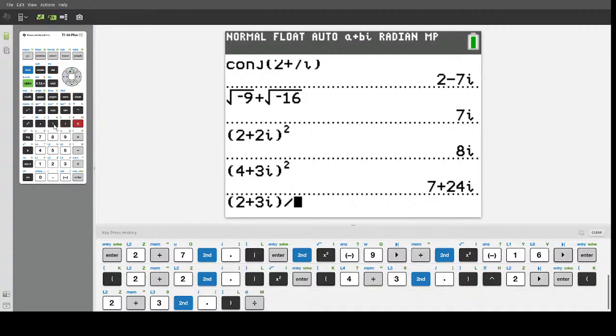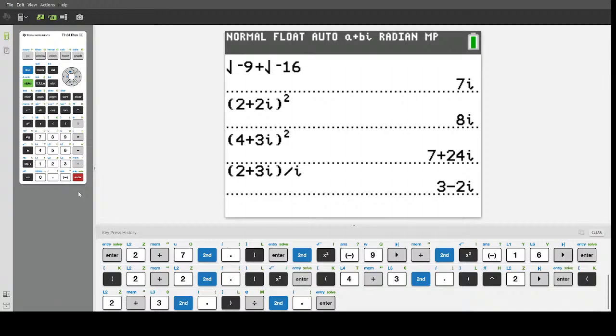I know you mustn't put parentheses because it's just a single thing, but if you have 2 times, then it's good to put parentheses. Divided by i, and you have 3 minus 2i. I hope this made sense so far.